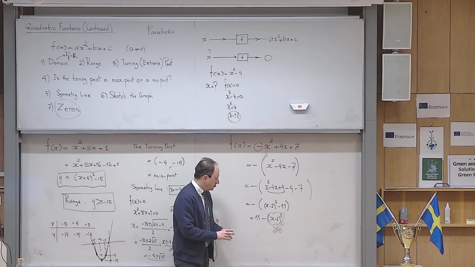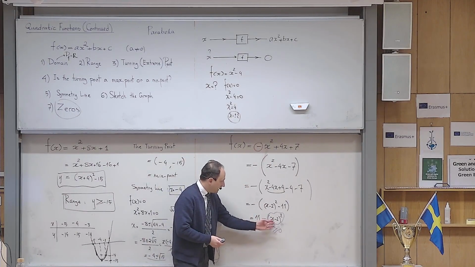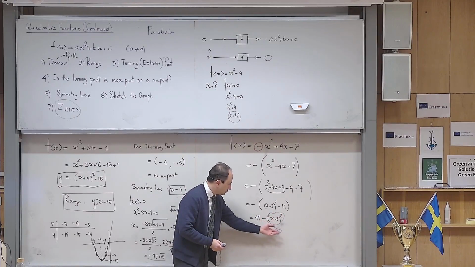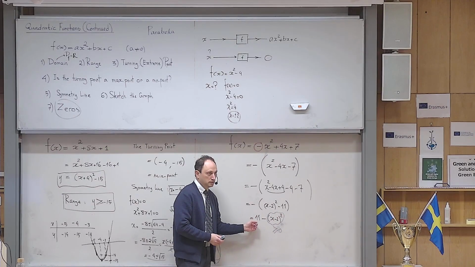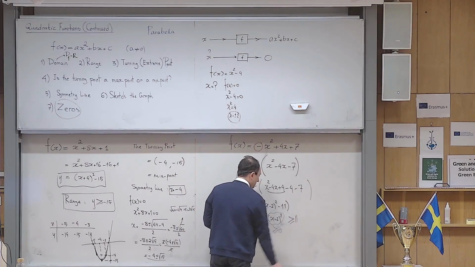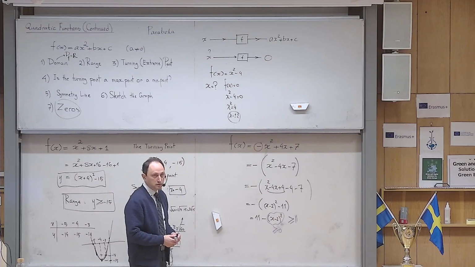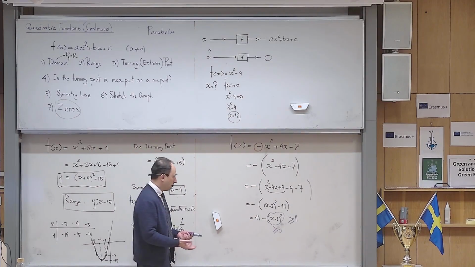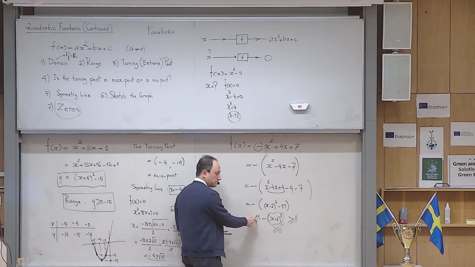But look, what is happening? I am taking this positive number from 11. So if I write this, I hope that you are not happy with that. Can I write this? No. Why? Because this time 11 is here.